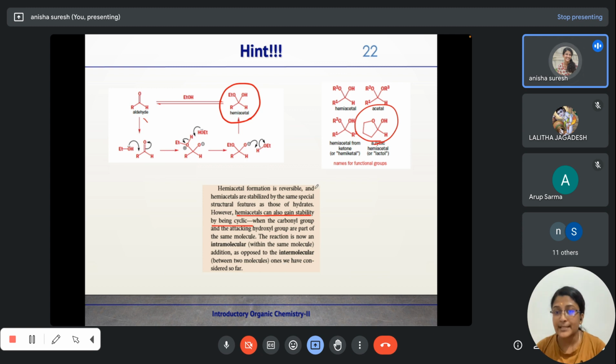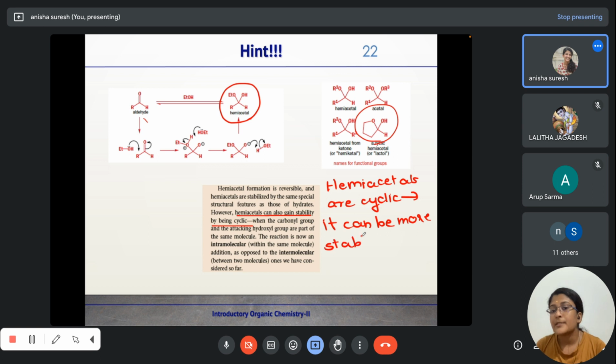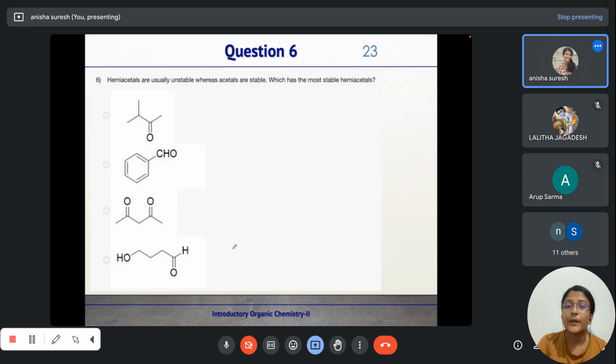So if the hemiacetals are cyclic, they can be more stable. So these cyclic hemiacetals can result from intramolecular addition reactions. In this case, this alcohol can undergo intramolecular addition to this aldehyde and it will result in formation of a hemiacetal.